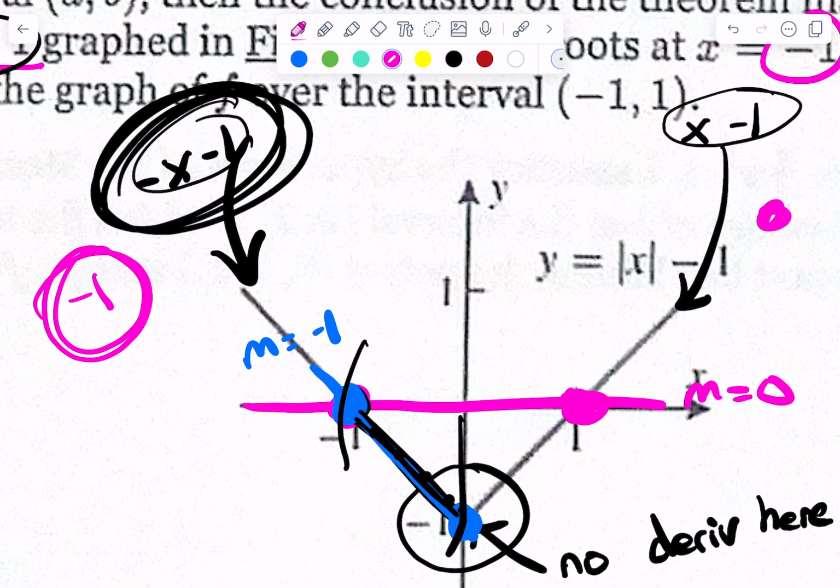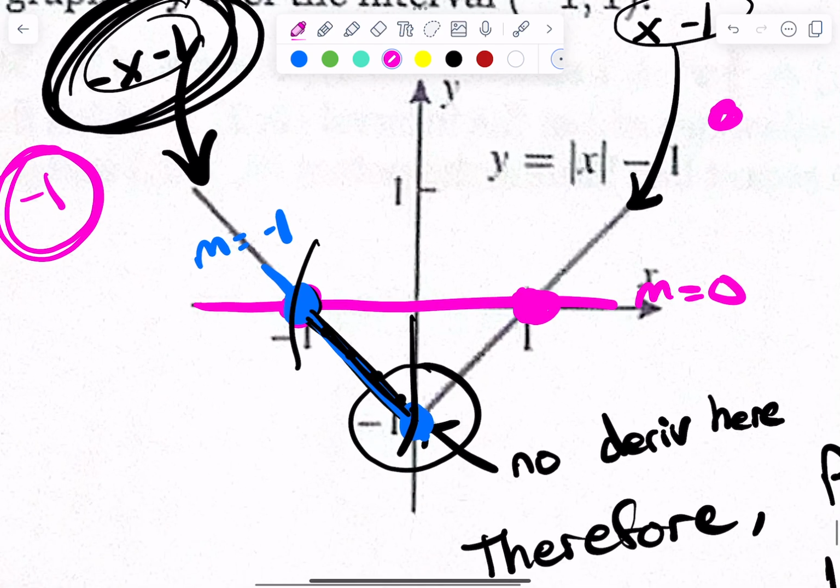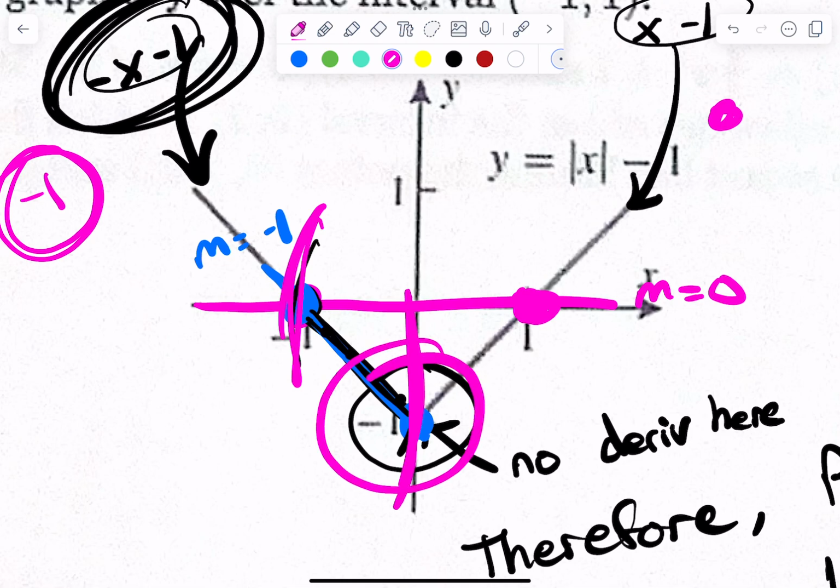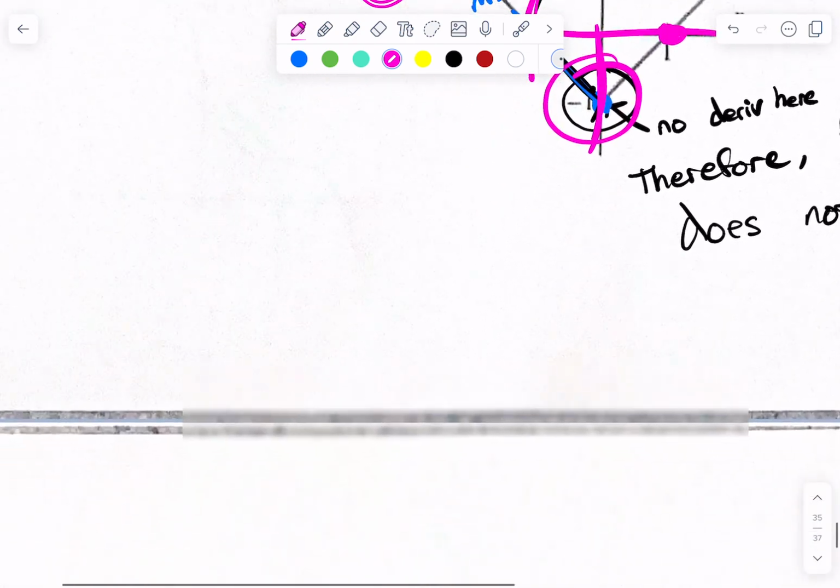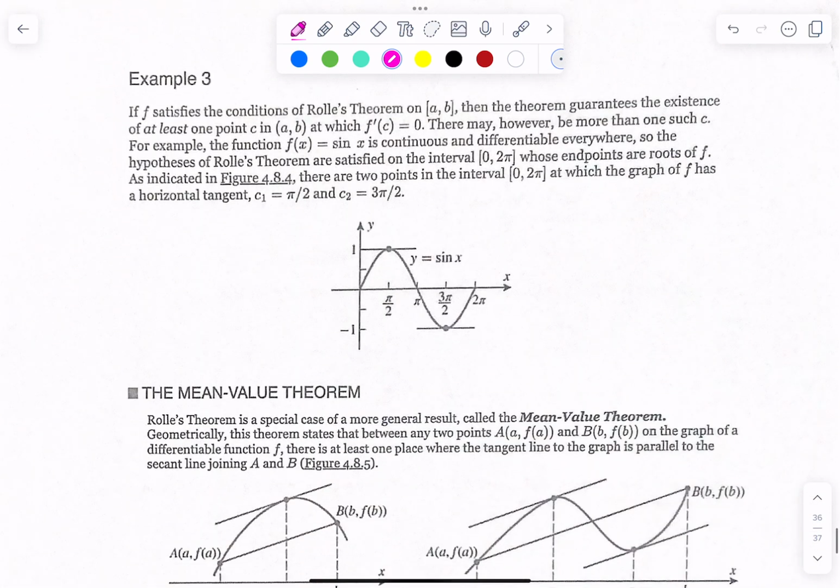Makes sense, right? That was a good question to ask. So again, you could do the mean value theorem if it was just from here to here, but we can't do it overlapping 0 because he's got a tippity tip. Got it? Okay.